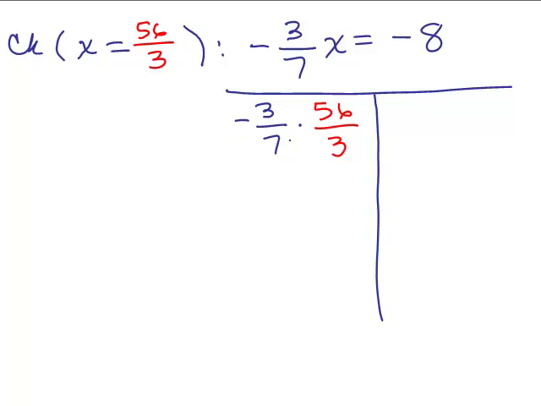Well, I have a negative times a positive, so that's going to be negative. And let's see, the 3's cancel completely. And then I could do 7 into 56, and that goes 8 times. So I'm going to get negative 8. So the left-hand side simplifies to negative 8, and the right-hand side is negative 8. So indeed, this is the correct solution.